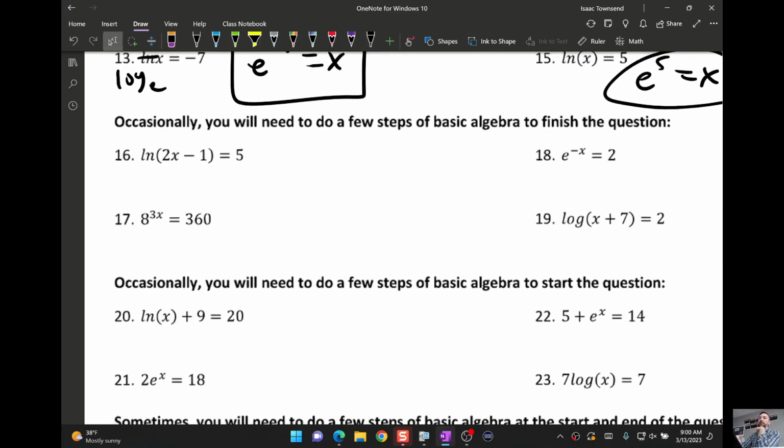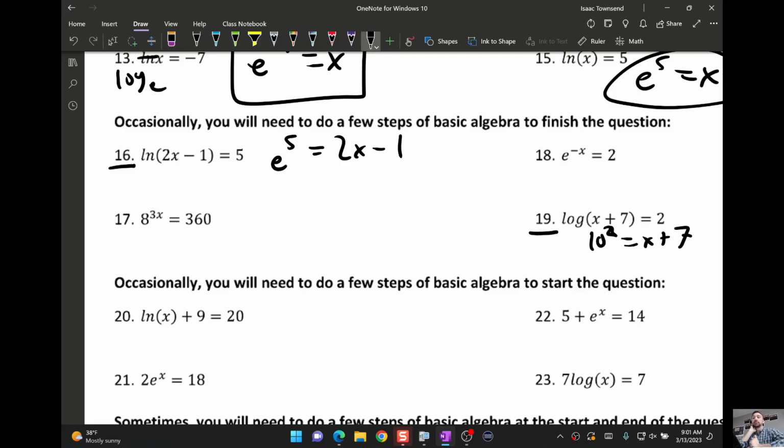Okay, adding on to that now, as I said, it's going to build up in difficulty, just like the book assignment will. But these are all ready to be switched. 16 and 19 are in logarithmic form, and if I switched it to exponential form, this one looks like this, and this one looks like that.